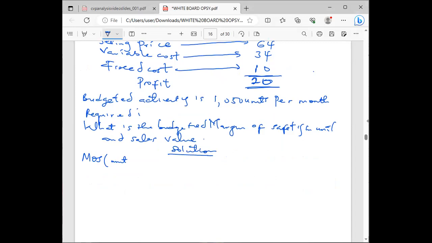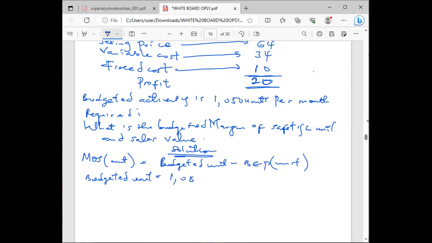We recall that MOS in units is equal to budgeted units minus break-even point in units. Here our budgeted units is 1,050 units. Our break-even point in units is total fixed cost over contribution.